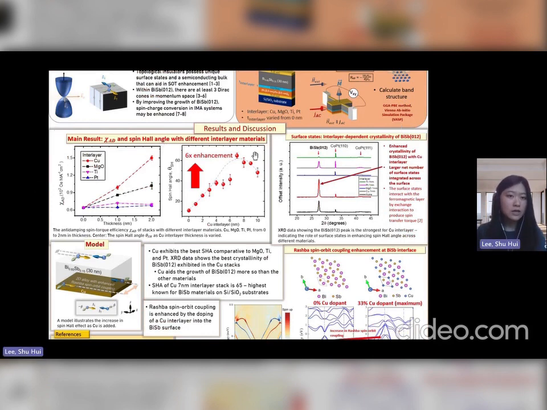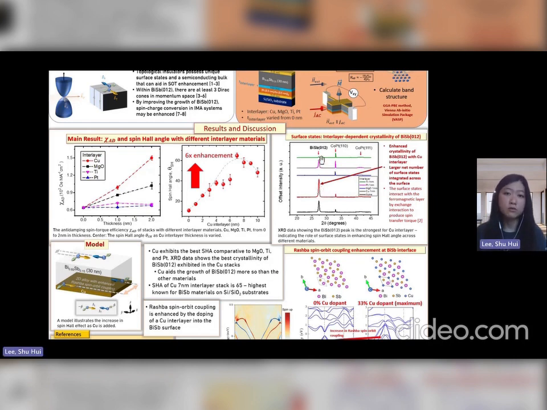So here's the main result. By varying the interlayer materials, we see the best performance of spin charge conversion efficiency in copper. In fact, there's a 6 times increase in the spin Hall angle between the case where there is no interlayer and the case where we add 7 nanometers of copper at the interface. We also see that the crystallinity is improved the most when we have a copper interlayer.